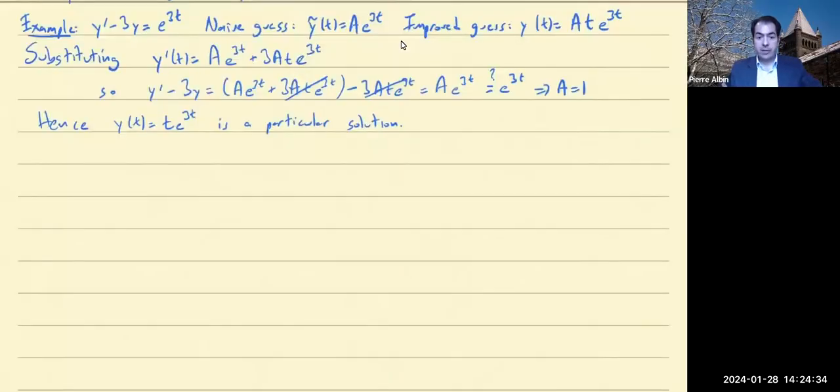Let's work out another example. So now suppose we have q double prime plus 9q equals sine of 3t.